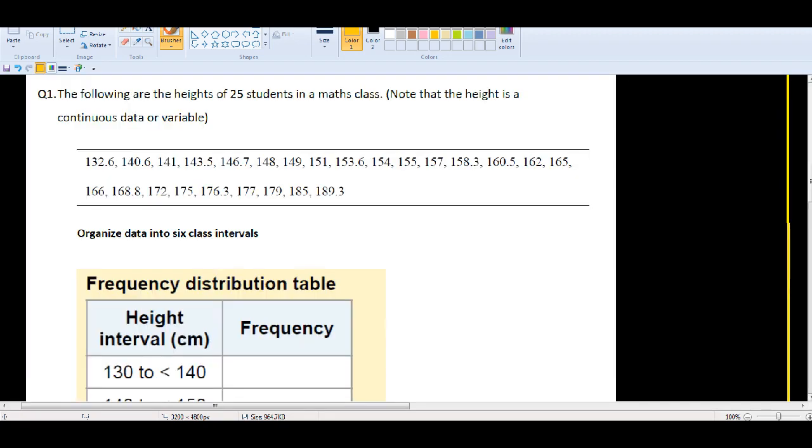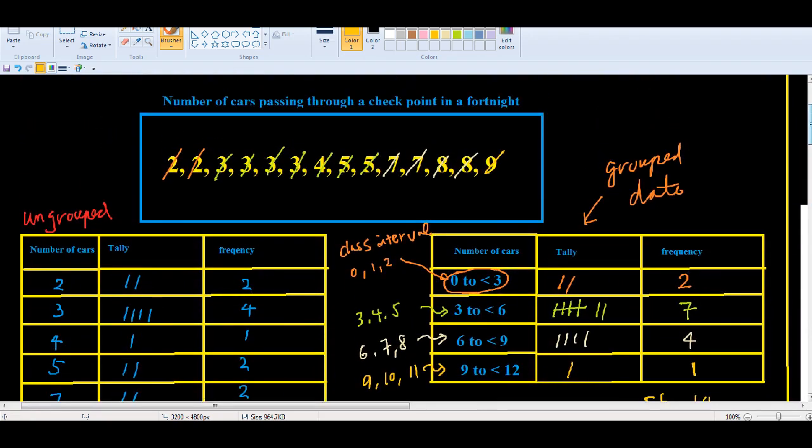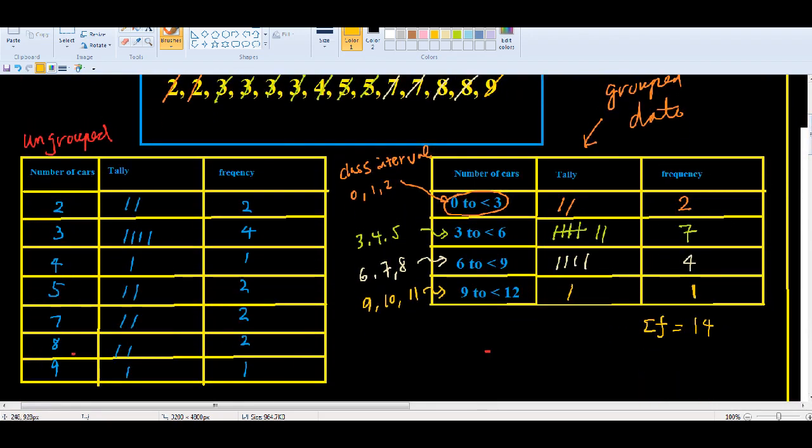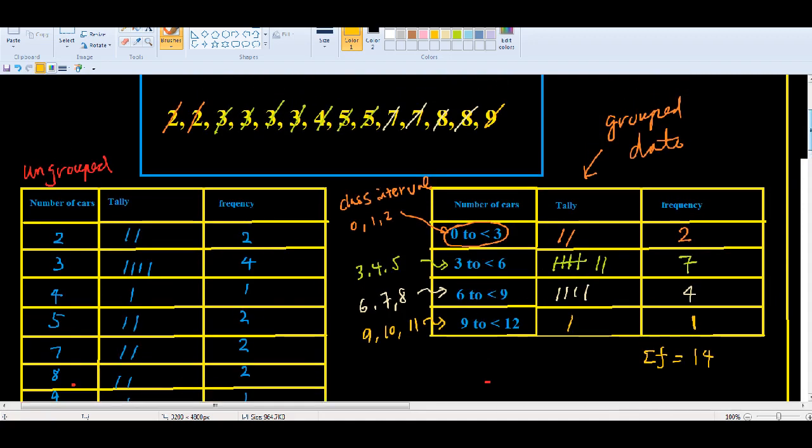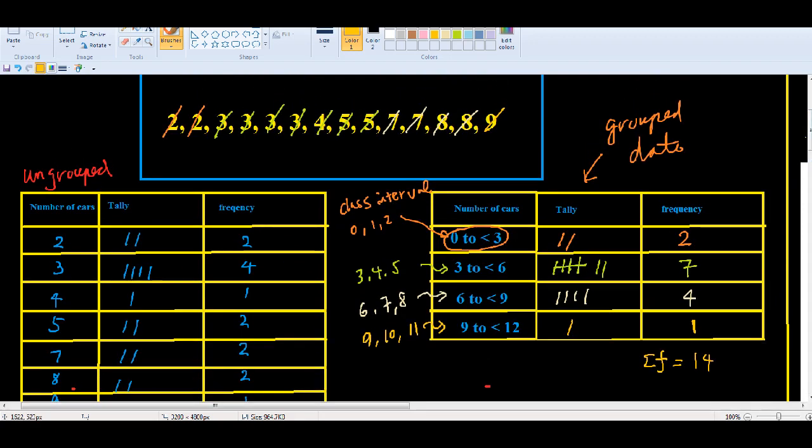When we compare the two tables, for the ungrouped table, the table normally seems bigger for the same group of data, but for grouped data, you reduce the size of the table, but you have to sacrifice the accuracy of your presentation.